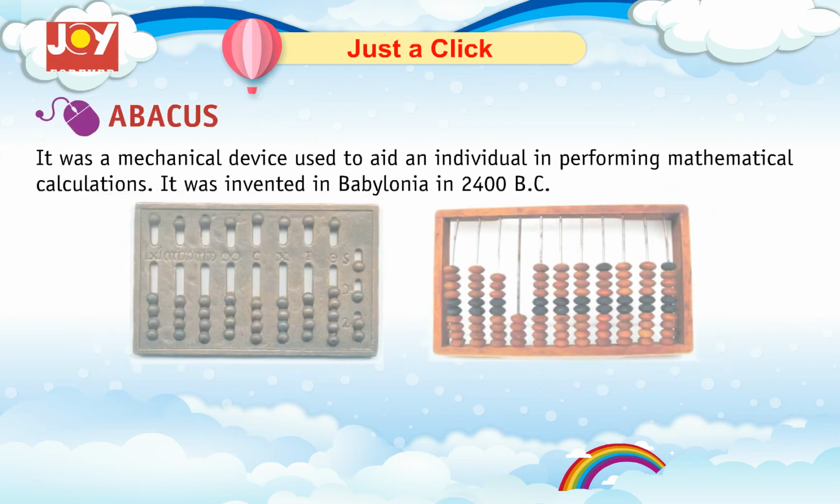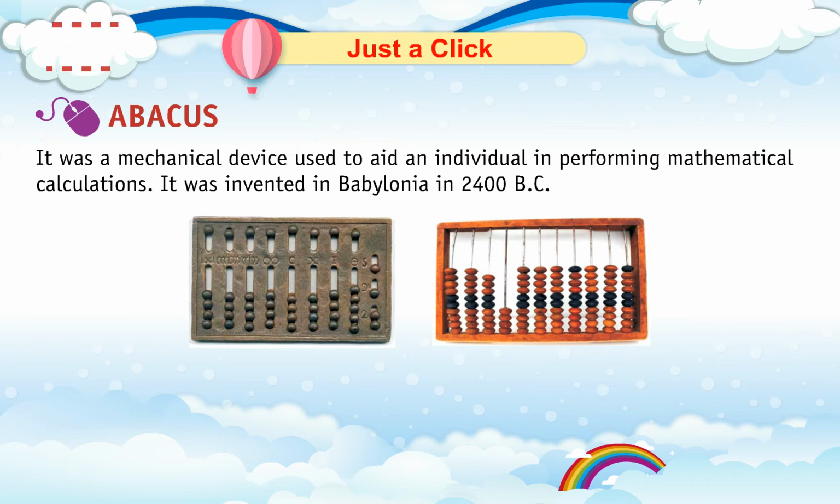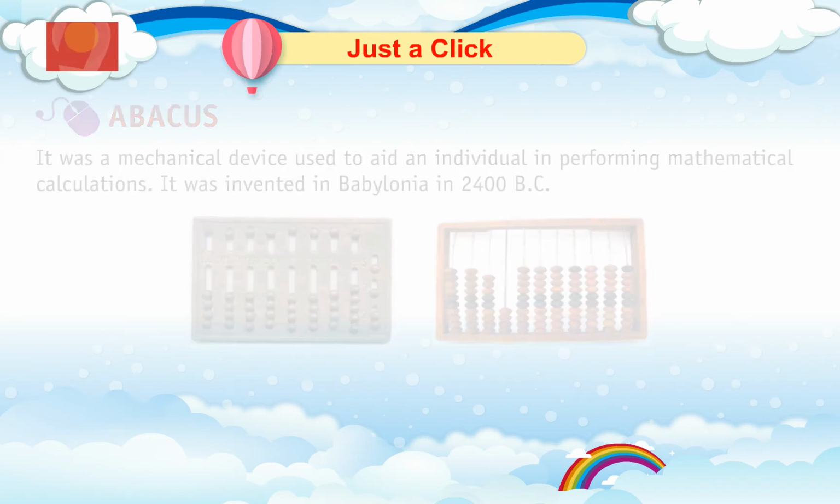Abacus. It was a mechanical device used to aid an individual in performing mathematical calculations. It was invented in Babylonia in 2400 BC.